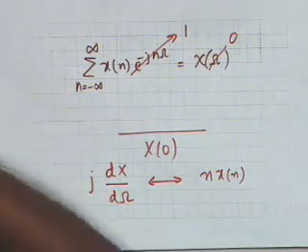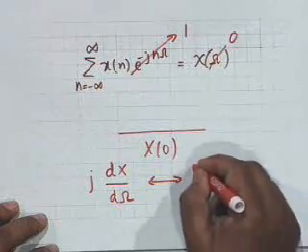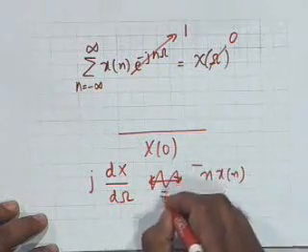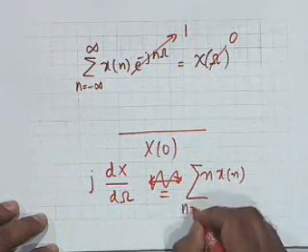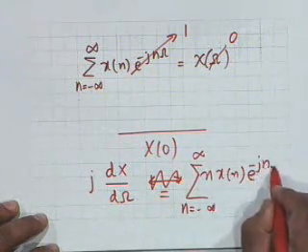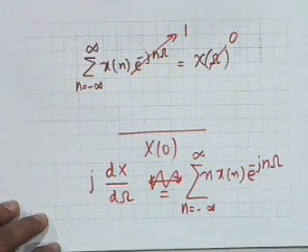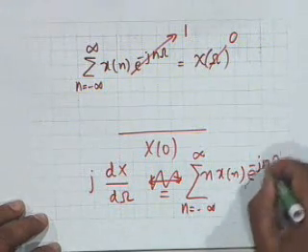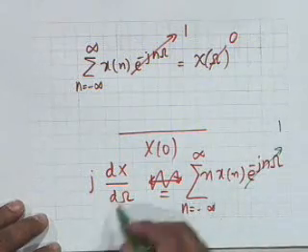Let me check. No, there is no minus sign. All right, and therefore what we do is summation, obviously this is equal to summation minus infinity to plus infinity e to the minus j n omega, and once again we apply the same trick, that is we put omega equal to 0.